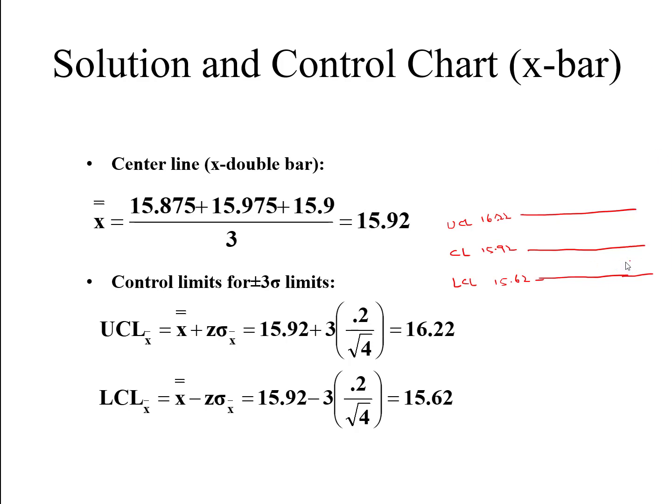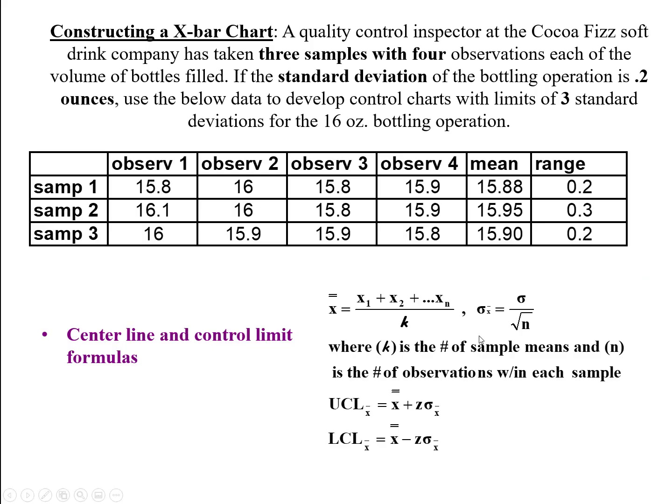So no point is above the upper control limit and no point is below the lower control limit. So the inspector will give them a green signal that it's okay. You fulfill the claim which you already mentioned.